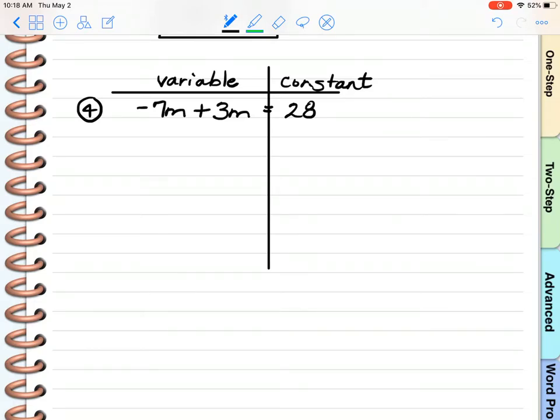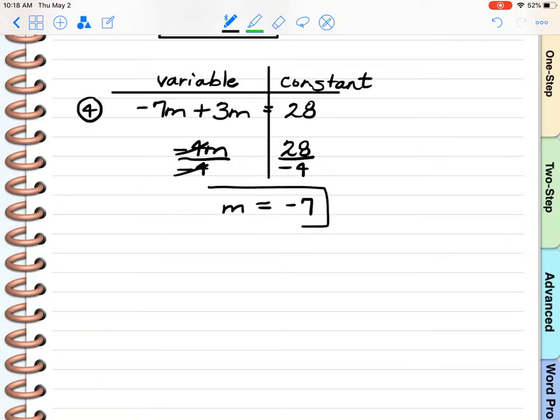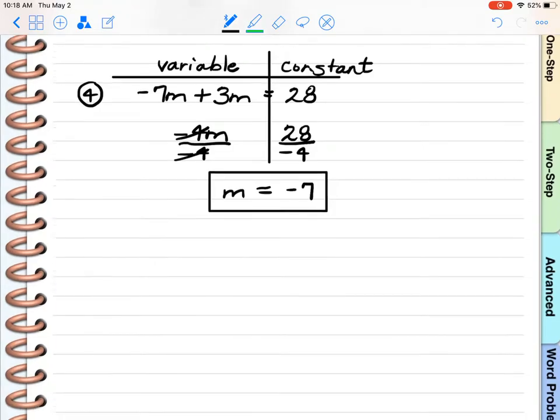Negative 7 plus 3 is negative 4m. And then you divide by that coefficient. So m is negative 7. That one was a little tame compared to some of the others we've had to do. I like that one.